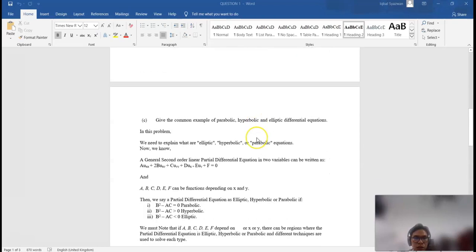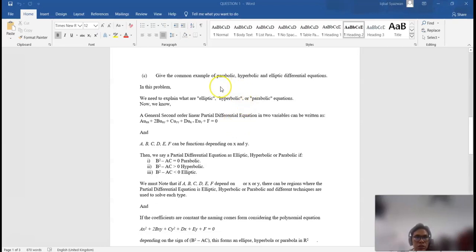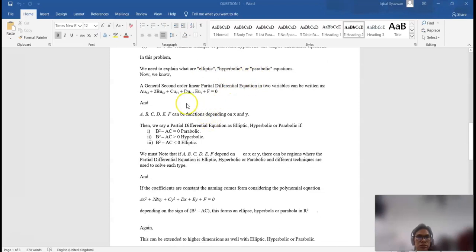Okay, for the third question, give a common example of parabolic, hyperbolic, and elliptic differential equation. So this is the problem. So we need to explain what elliptic, hyperbolic, and parabolic are.